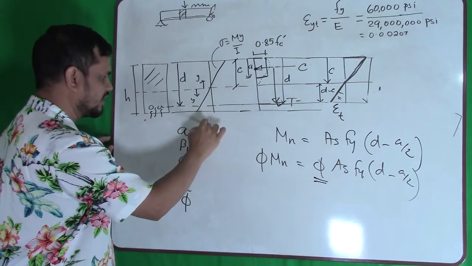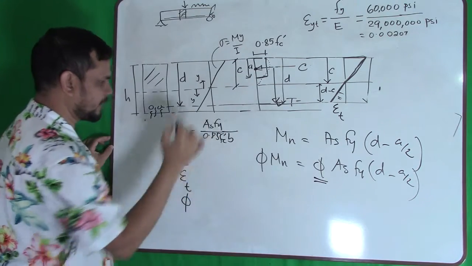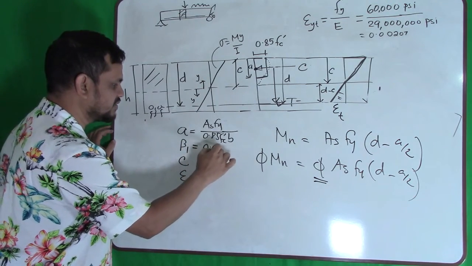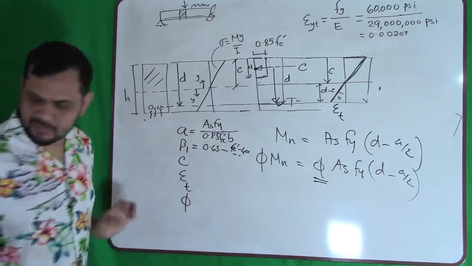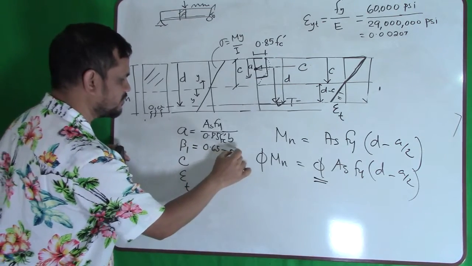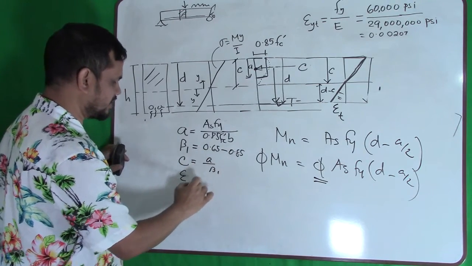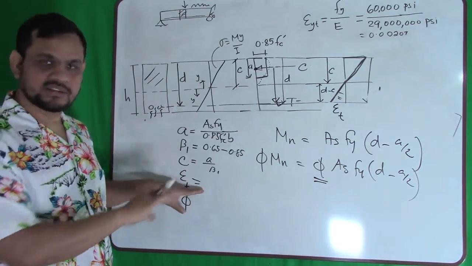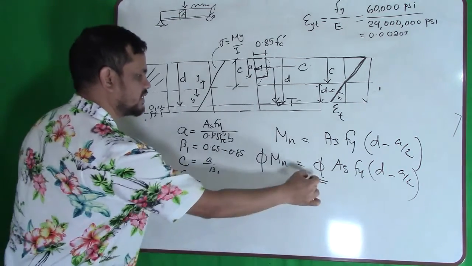How to find a? a = As fy divided by 0.85 f'c b. How to find beta 1? There is an equation, but simply it is 0.85 down to 0.65. Then find c: c is a divided by beta 1. Then find epsilon t, as I discussed earlier. Then find phi. Once you find phi, you can use it here.